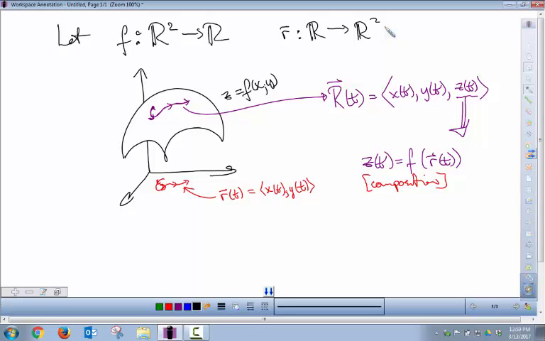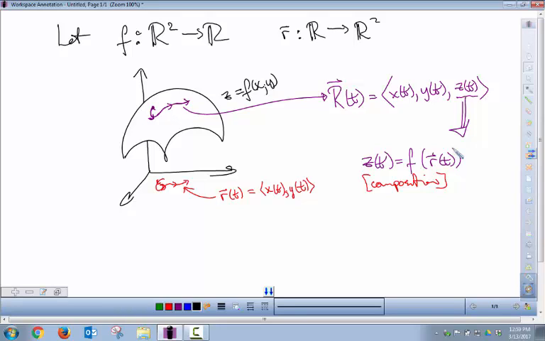Now that we have this composition, the f of r of t is a combination of these two functions. One function is inside of the other, right?